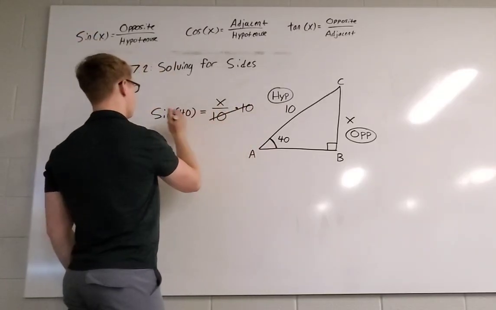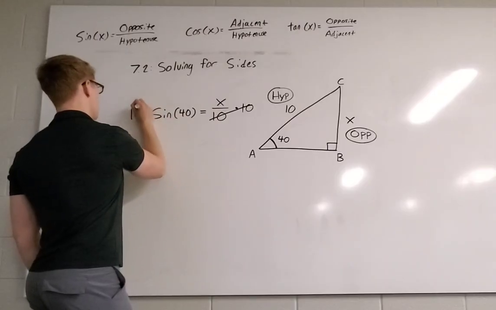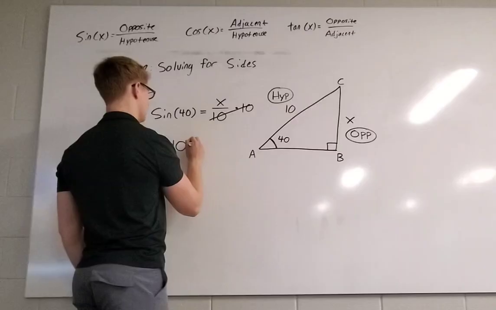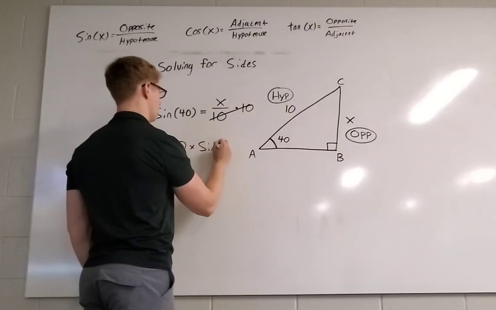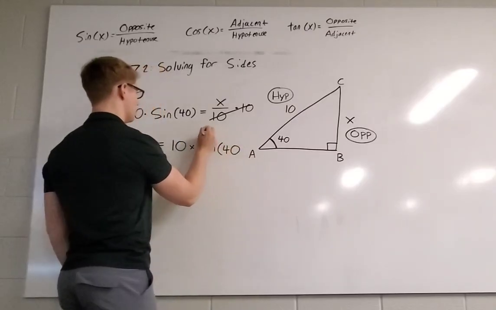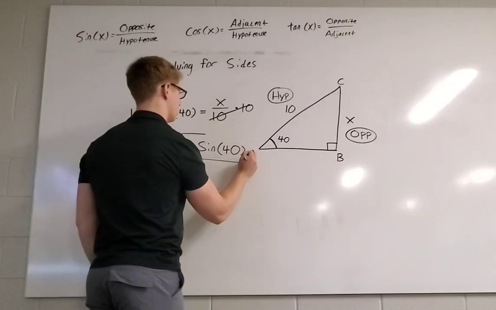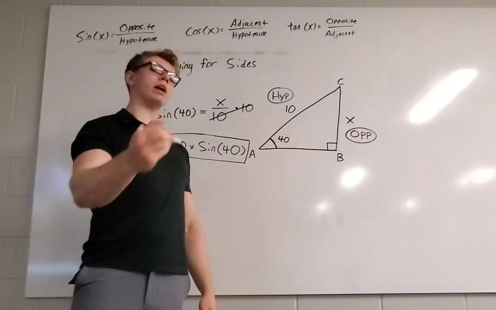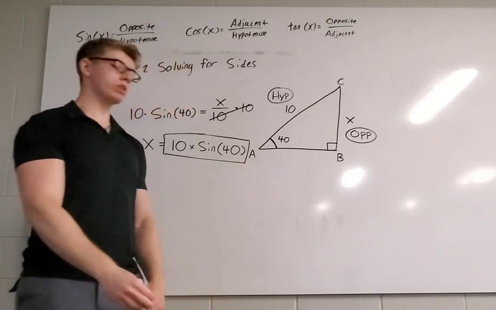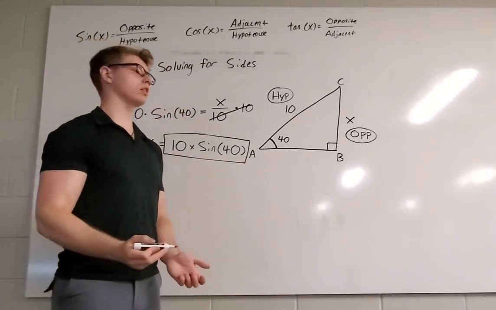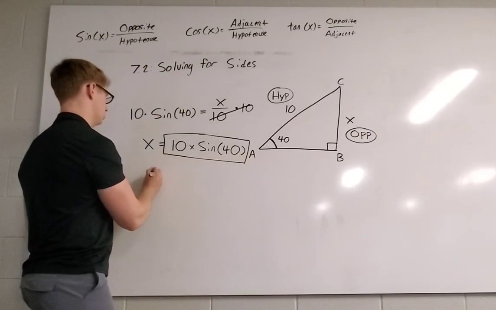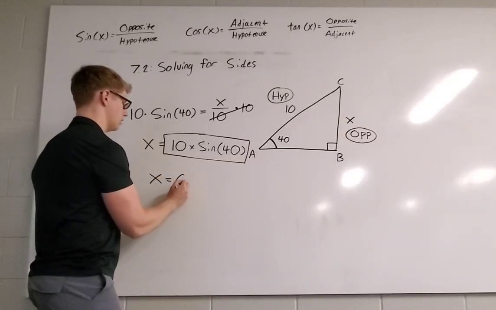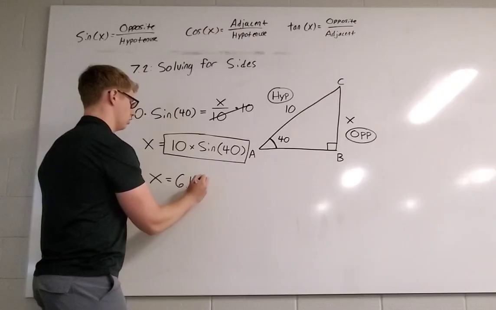Right, so these cancel out, and now we have x is equal to 10 times sine of 40. Now this right here, you are going to type into your calculator, and it is going to spit out an answer for you. Once you type it into your calculator, you have the answer. So, pretend I typed it in, you're going to get that your answer is 6.43.